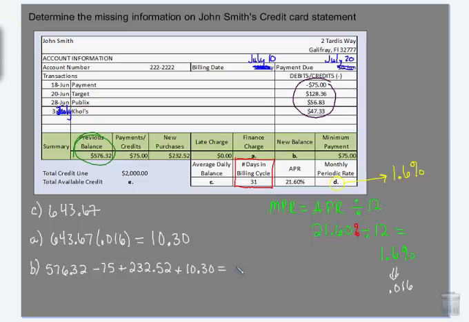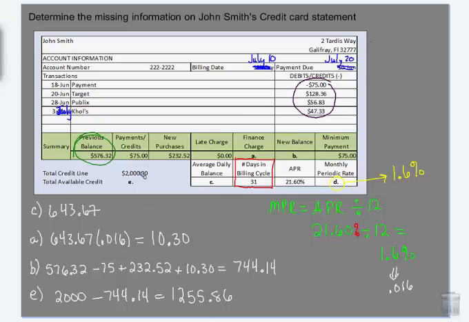And so my new balance is $744.14. And then from there, I can find the total available credit, which is I take the credit line of $2,000 and I subtract the new balance. And my available credit is $1255.86.